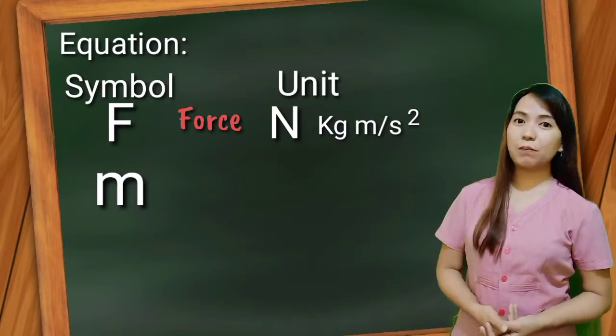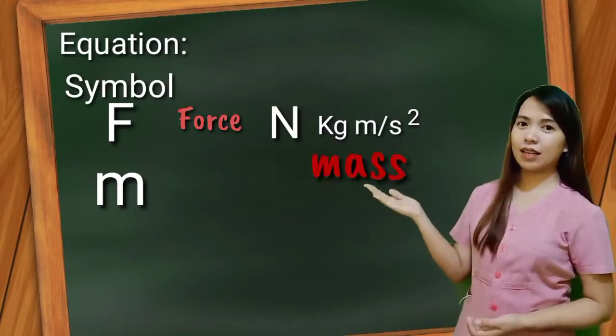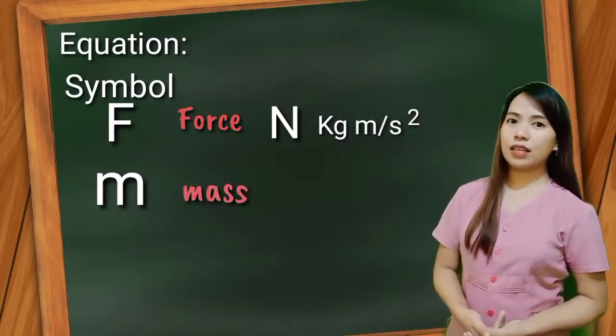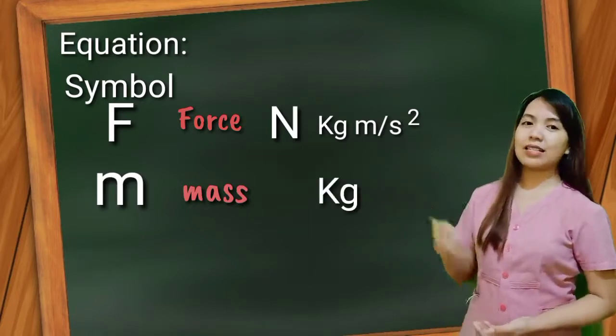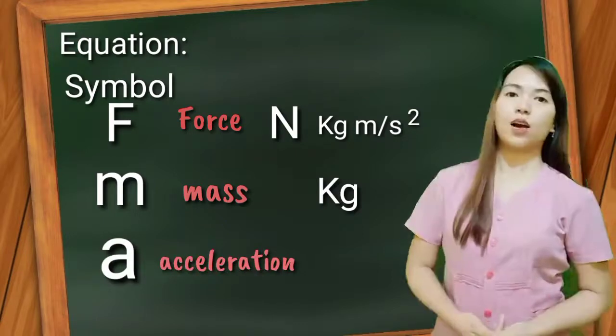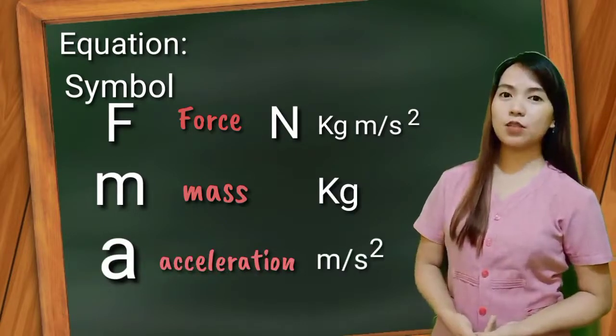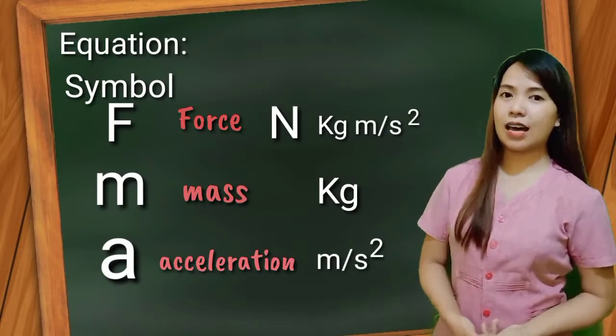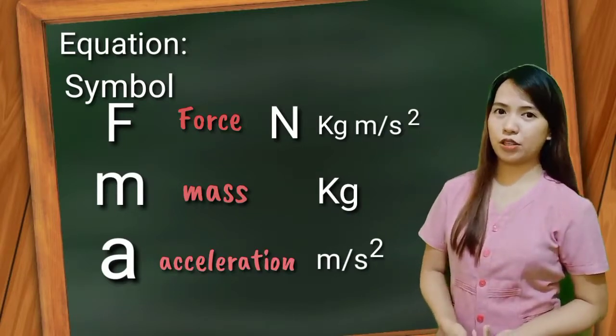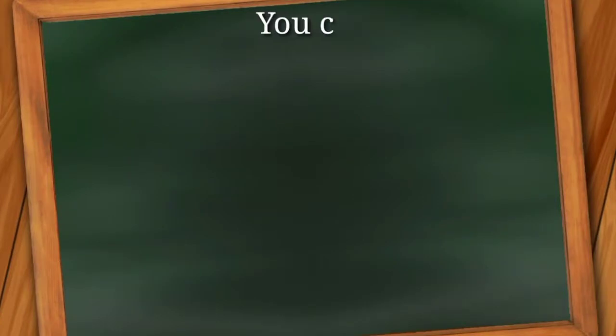M is the symbol for mass, and the unit we use is kilogram. Small letter a is the symbol for acceleration. We use meter per second squared as the unit for acceleration.